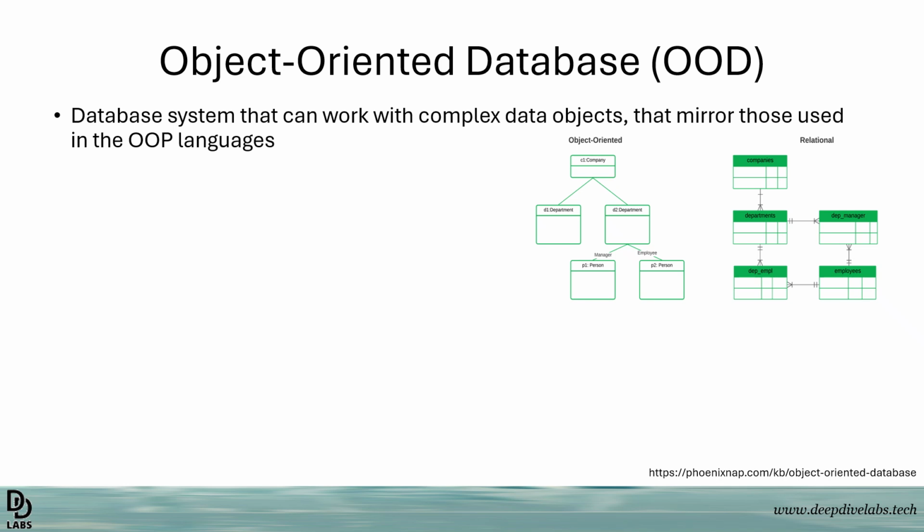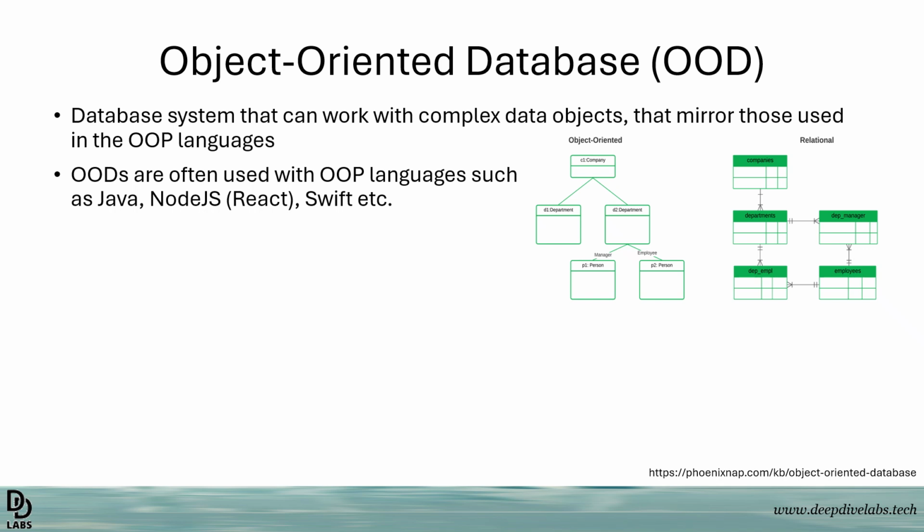Previously you had relational database systems, where each of the entities has to be saved as a table, whereas your application is essentially using the object-oriented way of programming. So the object-oriented database helps to mirror objects that are being used in your application.